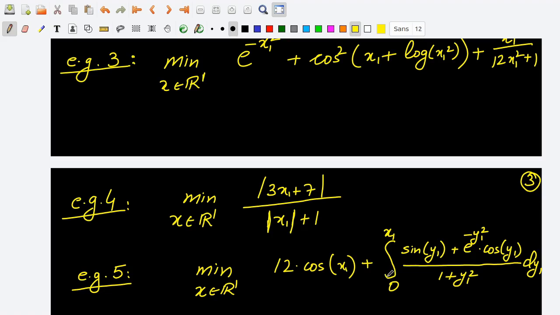You might have to resort to some numerical schemes to find the value of the integral itself. These integrals could be in one dimension, they could be in multiple dimensions, which makes the problem even more difficult. So even when you say that I have an unconstrained problem in one variable, it could be extremely difficult to solve.